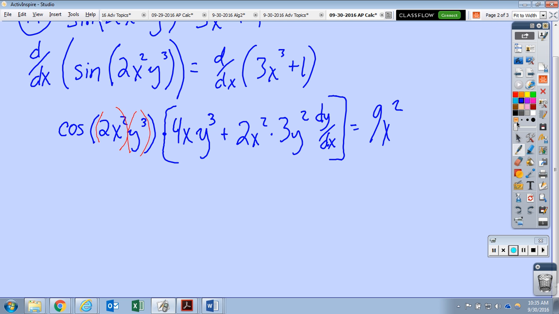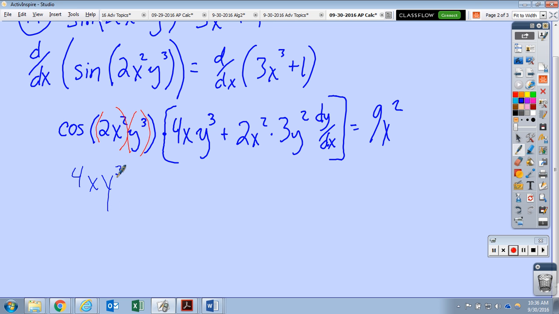So now we're just focused on getting dy/dx by itself, which is going to be a lengthy process, but you just obey the rules of algebra and disconnect things however you disconnect them. So divide each side by the cosine of this. So I have 4x. Let's fix that. 4x. Okay, thank you.